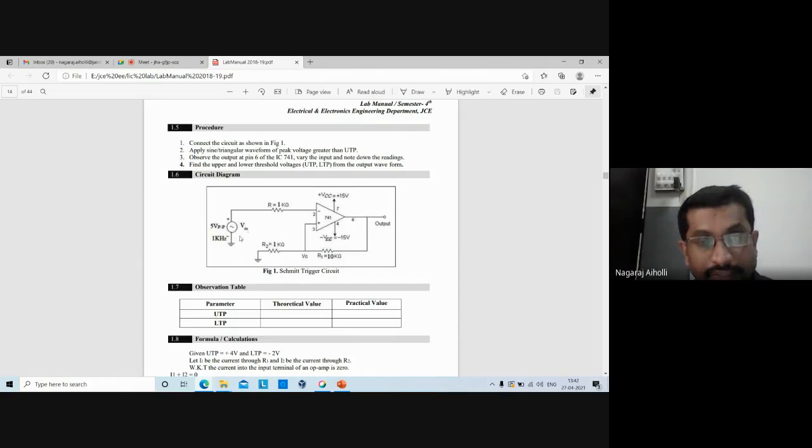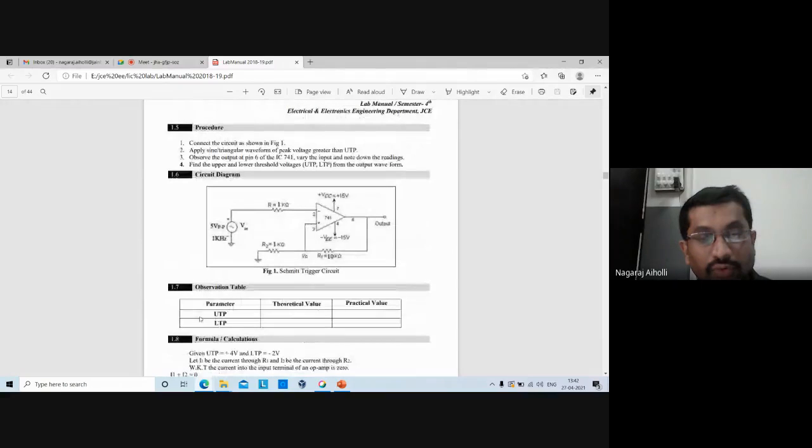It is the input signal Vin that is applied to the minus terminal, and hence it is called the inverting amplifier. If the input signal Vin is applied to the positive terminal, then it is a non-inverting amplifier. Like this, you should be able to identify whether it is an inverting or non-inverting configuration.